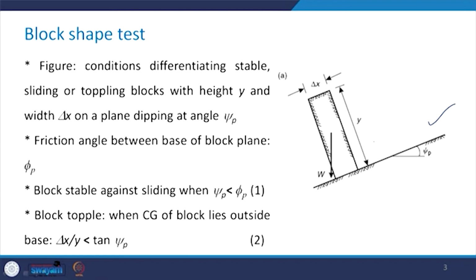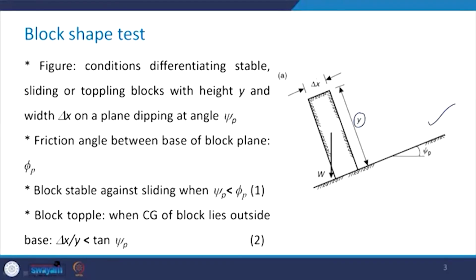This figure gives us the conditions which differentiate between stable, sliding or toppling blocks, with the height of the block as y and width as delta x on a plane which is dipping at an angle of psi p.